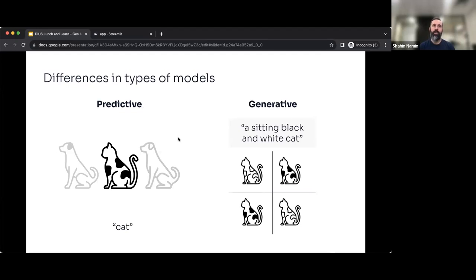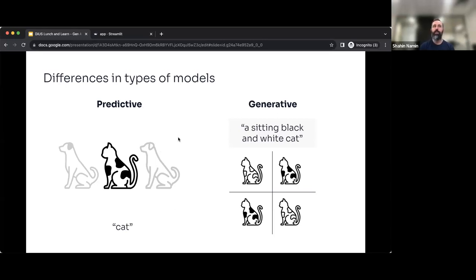Whereas in generative AI, we are talking about applications where you have more than one correct answer to your problem. As an example, if you are using a text-to-image Gen AI model, you might set as input a text, which is a sitting black and white cat, and the model might come up with many, many different variations of cats, and all of them might be correct.